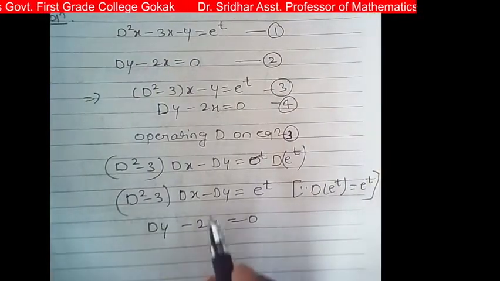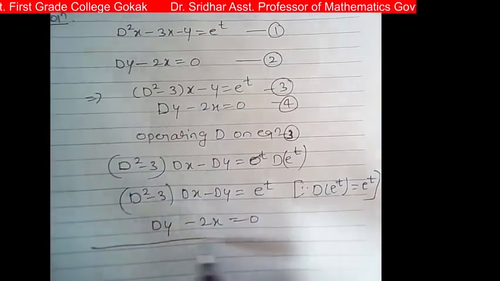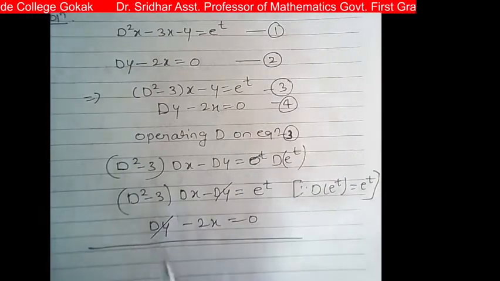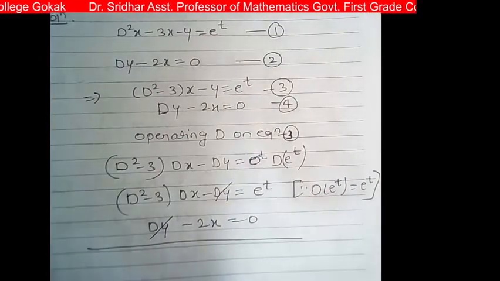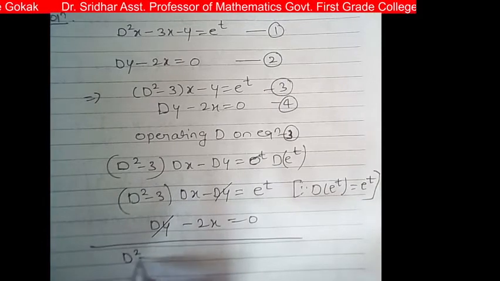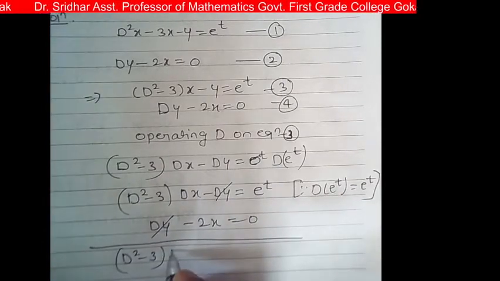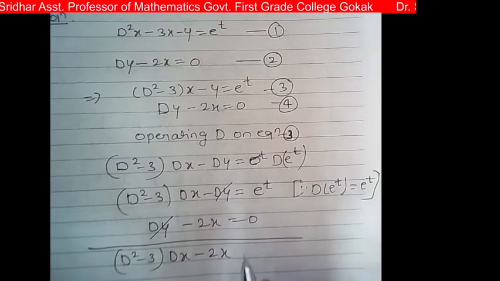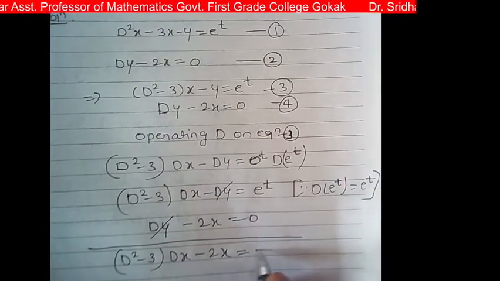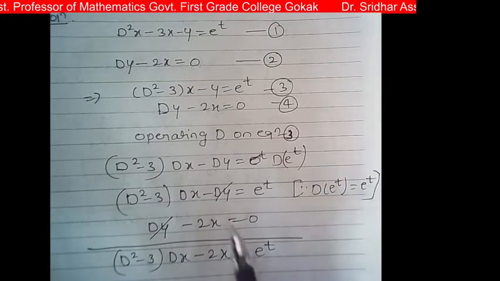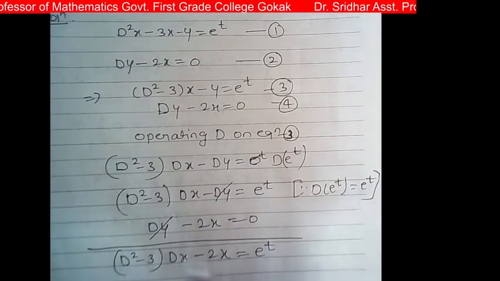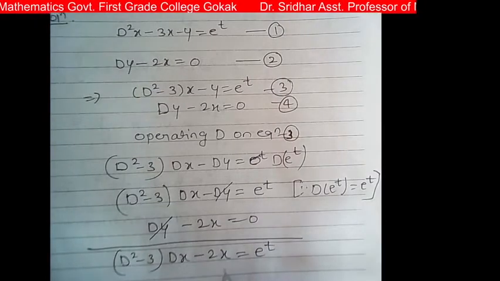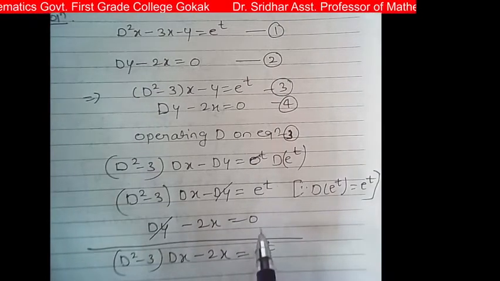Now add these two. Here Dy minus Dy gets cancelled, then what we are left with is D squared minus 3D x minus 2x equal to e raised to t plus 0, that is e raised to t.